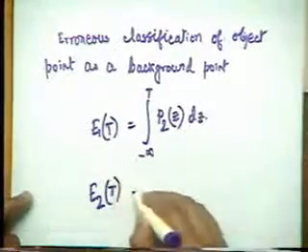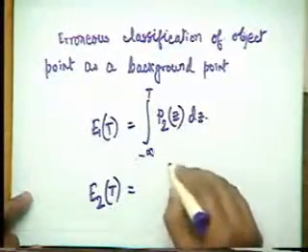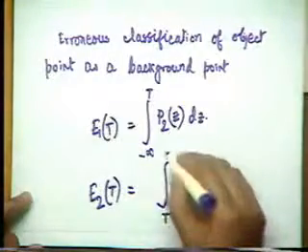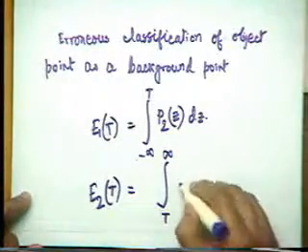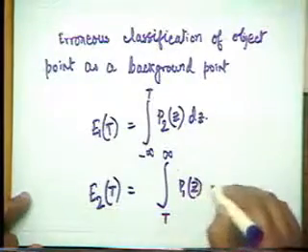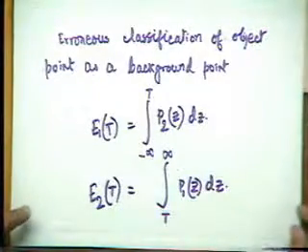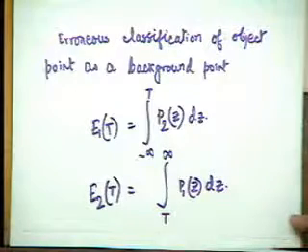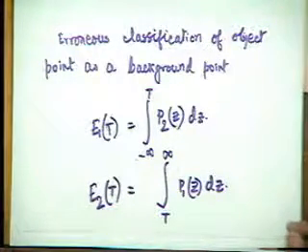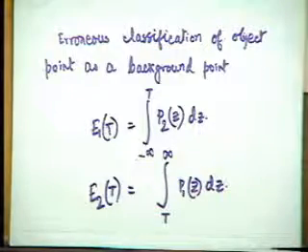And very similarly, if we are computing the probability that a background point is wrongly classified as an object point, and call that E2t, then what should it be? It is the integral from t to infinity of P1z dz, because P1z is nothing but the probability density function for the dark region, and the dark region is nothing but the background region as per our assumption.